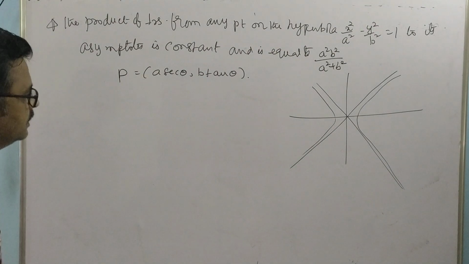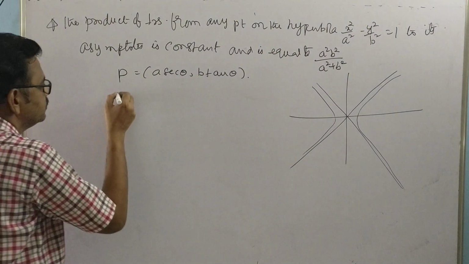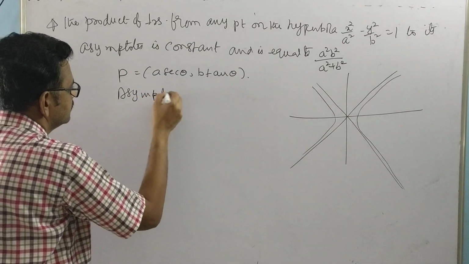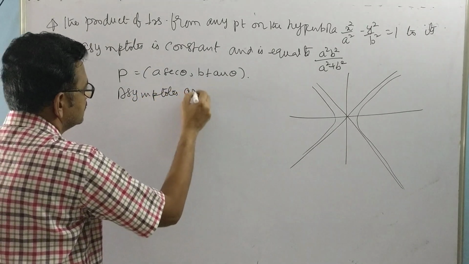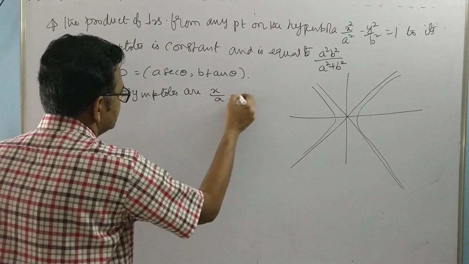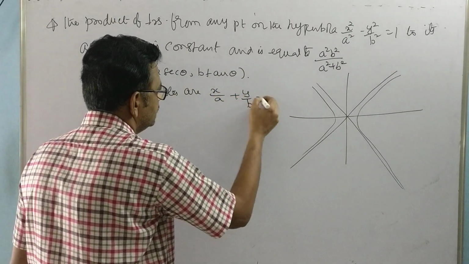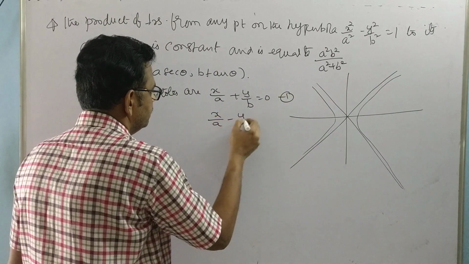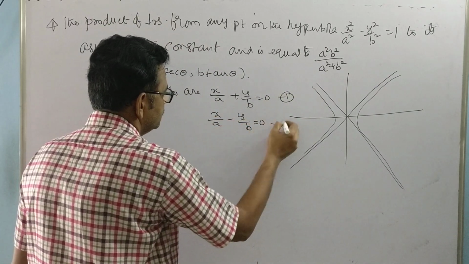So this is a point, and the asymptotes are x by a plus y by b equal to 0 and x by a minus y by b equal to 0.